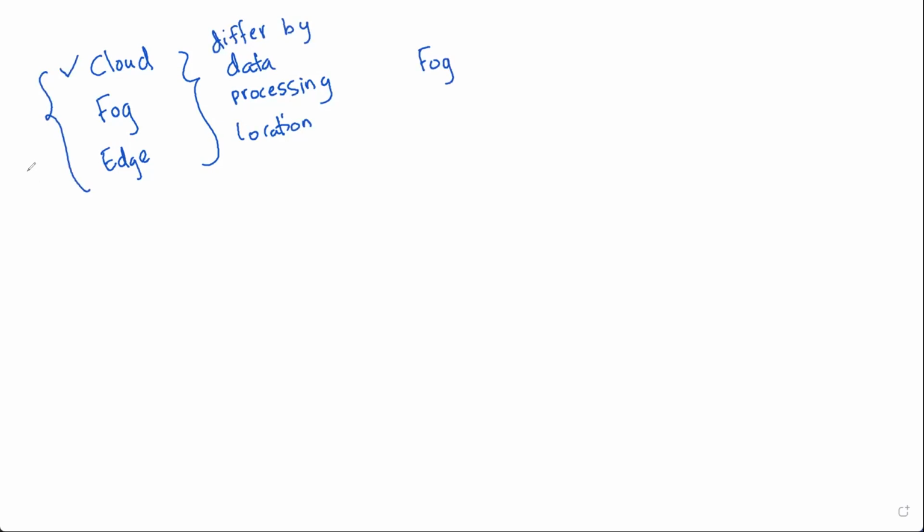So based on the IoT application that we want to implement, we can select what computing method we are going to use. So the fog computing method also can be used for IoT applications if required. So basically, I will first explain what the fog computing method is. Right, do you know what fog computing is? I already mentioned it, I think.